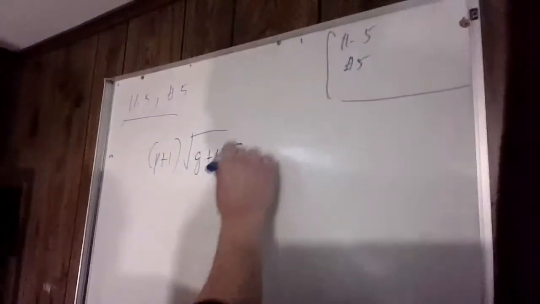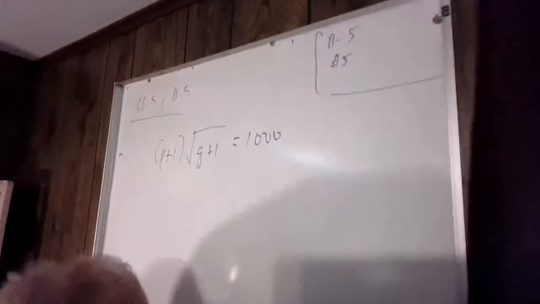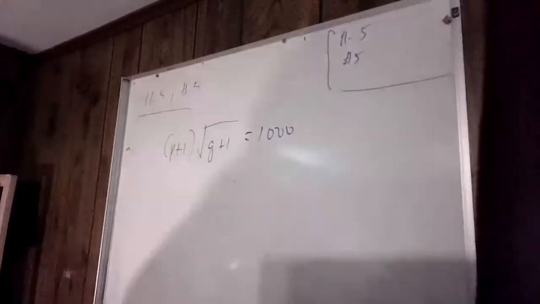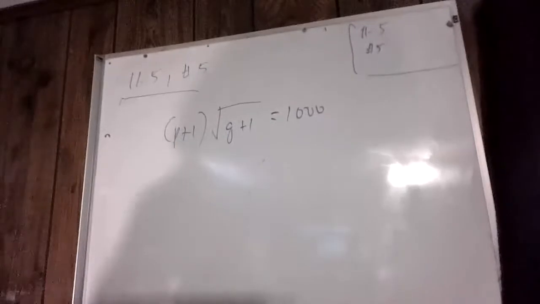Q+1. Is this the one? Whoever asked, contact us. Is this the one you wanted? All right, let me take a look here. Can you hold it for a minute? Yeah. Let's see here. 11.5 was the worksheet you sent us through email.